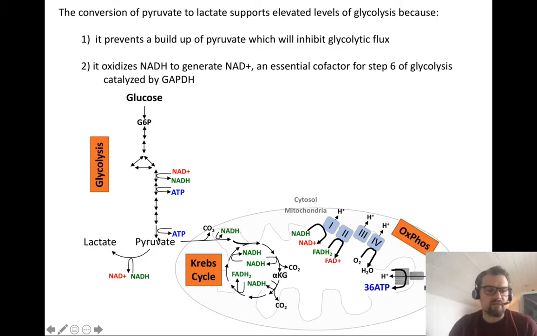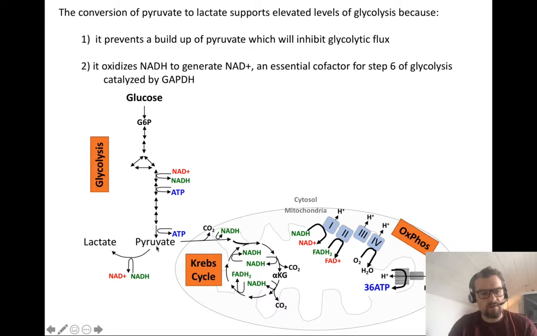Therefore, you get product inhibition of the whole pathway. So a buildup of pyruvate will start to inhibit all these steps, and pretty soon your glycolytic rate falls. So one way to deal with that is, you can get rid of that pyruvate by converting it to lactate. So you're getting rid of that product inhibition, allowing for high rates of flux to continue.